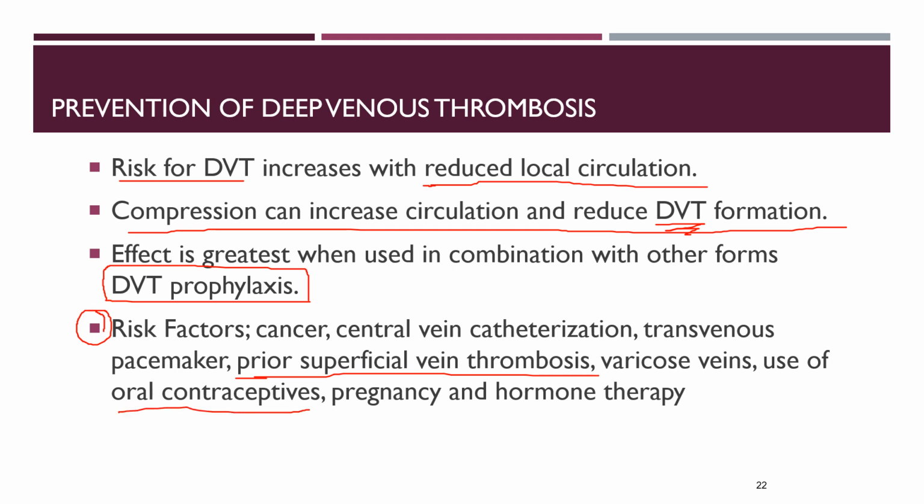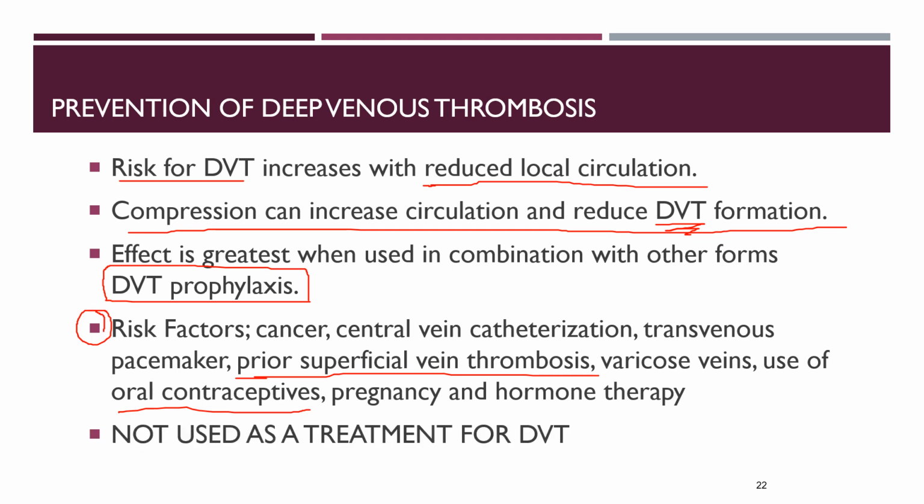This one's been studied quite a bit. Pregnancy and hormone therapy. Those all increase the risk of this possible DVT formation. Remember, compression is not used as a treatment for DVT. It's used as a modality to help reduce DVT formation.